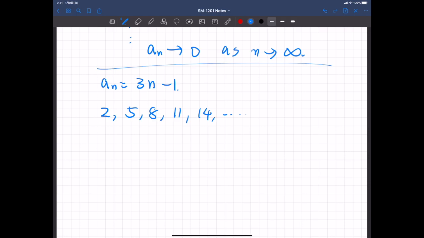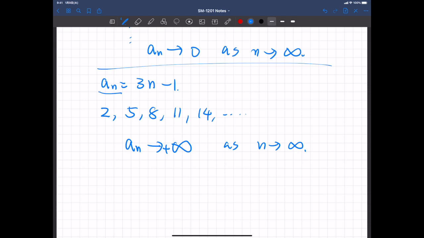And in this case, we say it diverges to positive infinity. So we write an diverges to positive infinity. Sometimes we write a positive sign here, as n goes to infinity.